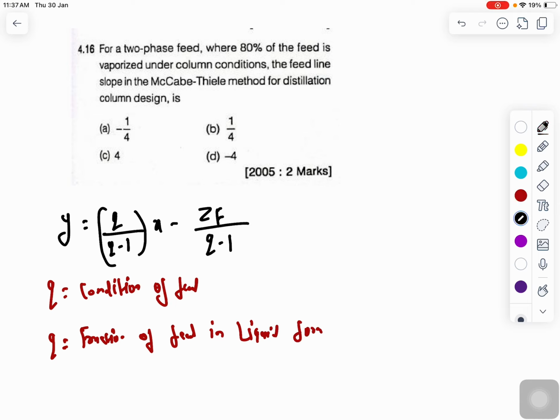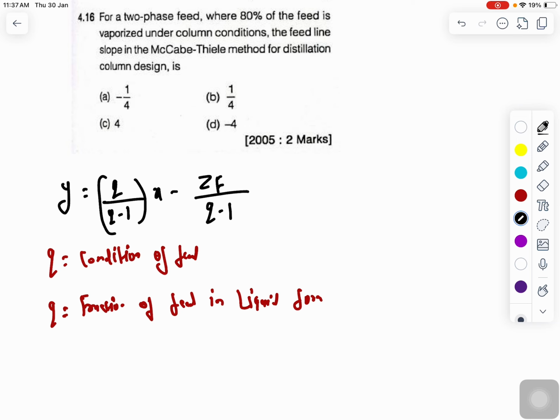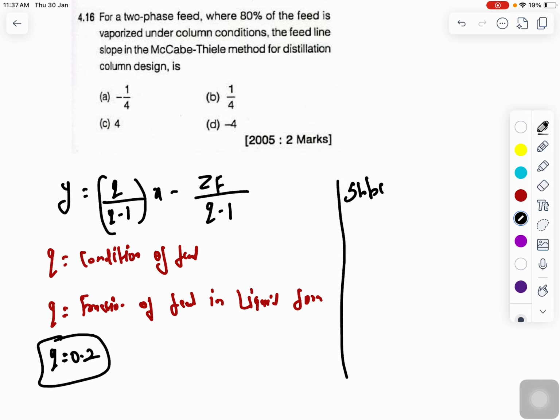So if you see from the data, 80% of the feed is vaporized, so 80% of the feed is in the vapor form. So how much feed is in liquid form? 20%, so your q will be equal to 0.2. And what is the slope of the q line here? The slope of the q line, which is also called the feed line, is equal to q divided by q minus 1.